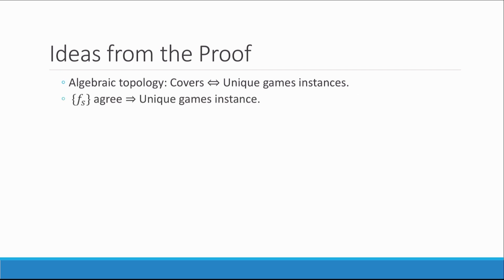So basically what happens is we take a set of local functions that agree, at least a non-negligible fraction of the time, and we use them to construct such an instance of unique games, and a lot of our work is to show that this thing is solvable, or you can find an assignment that satisfies most of the constraints, and that the solution actually comes from a global function.